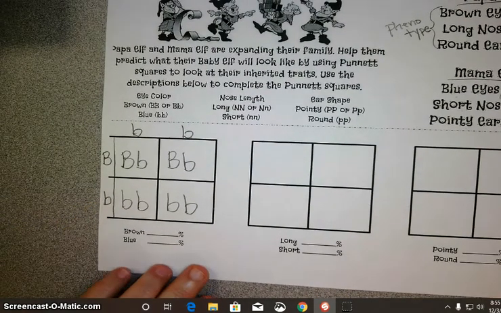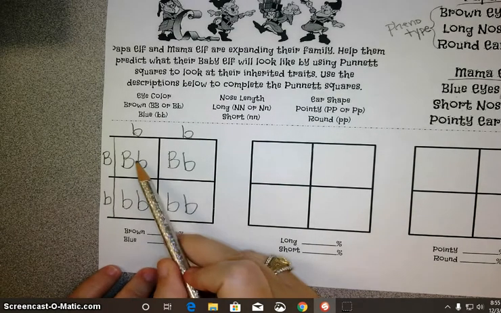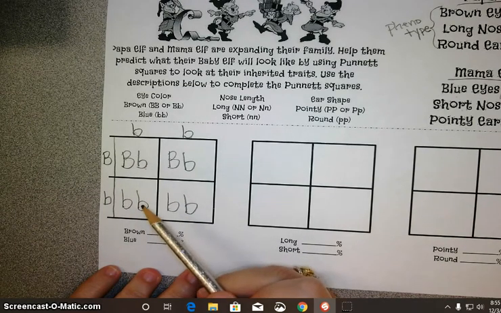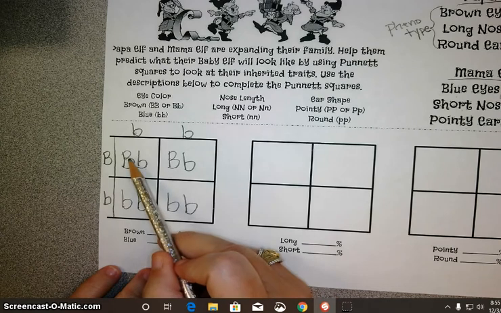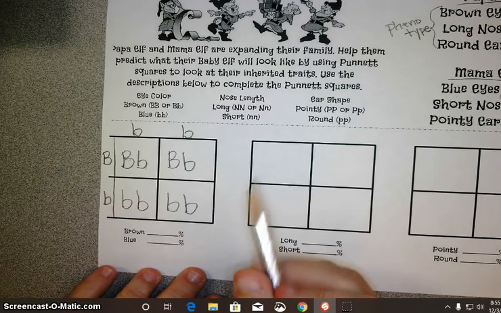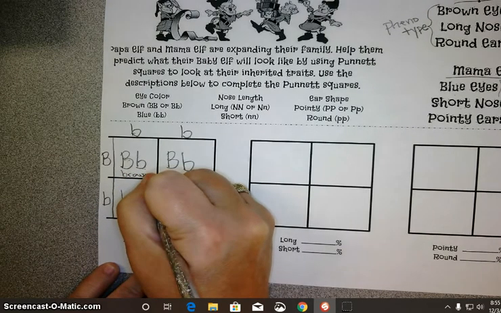Now, I want to do a little bit more on this using my vocabulary. So I'm going to ask, this offspring, would it have brown eyes or blue eyes? It has a dominant trait for brown, and that's going to override the recessive. So this would be brown eyes, little elf.